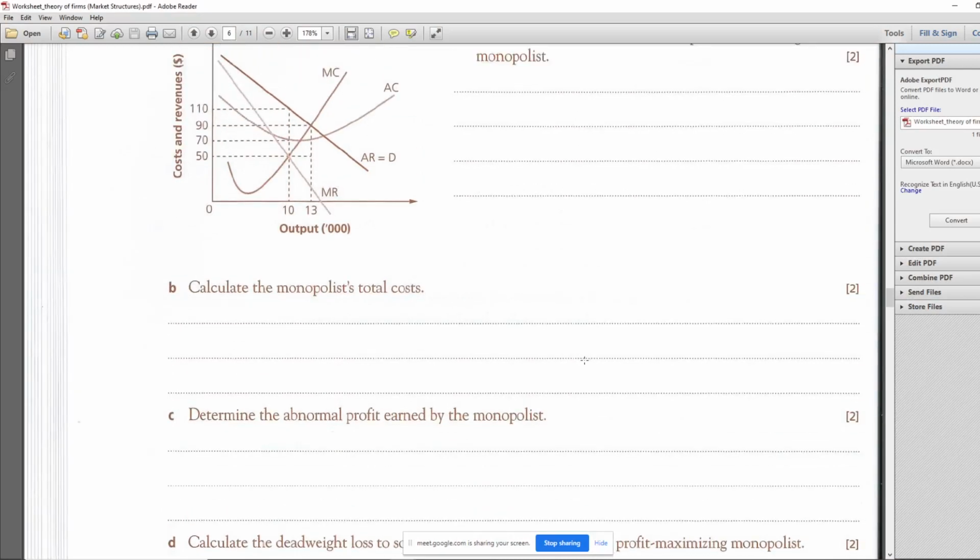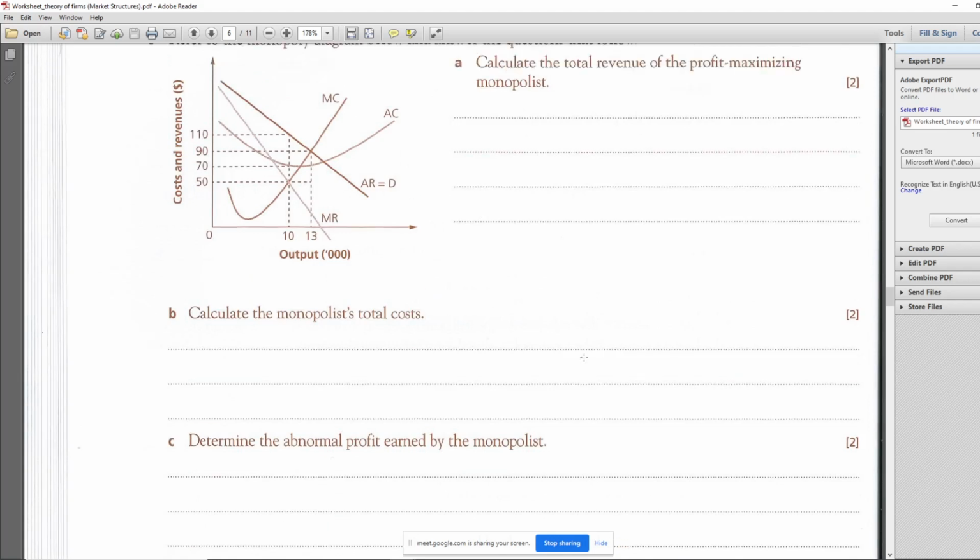So how much abnormal profit did they earn? 400,000, right? 110 minus 70, which will give you 40. 40 times 10, or 10,000, which will give you $400,000 of abnormal profit. And which is this area here.